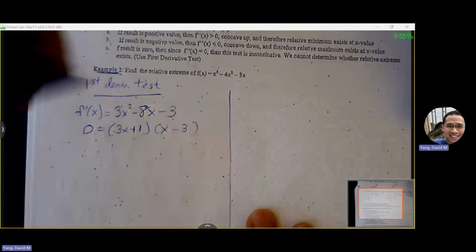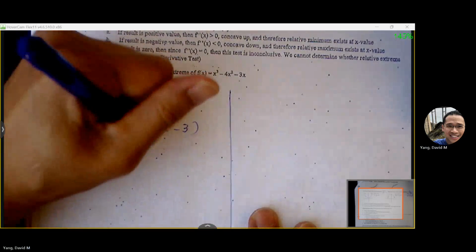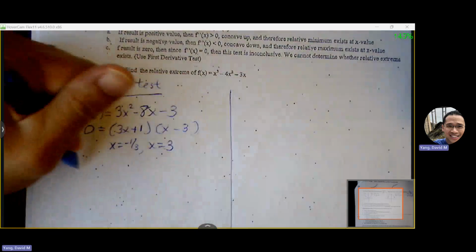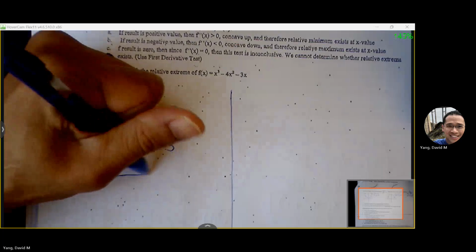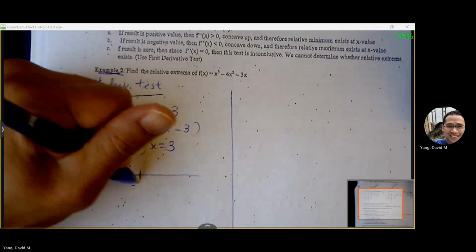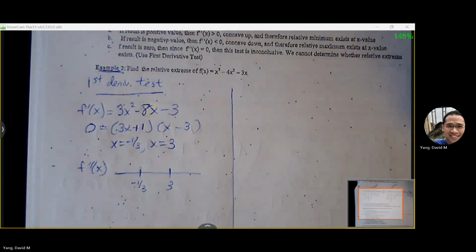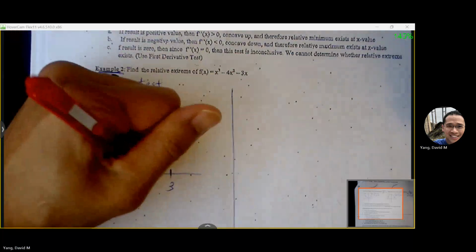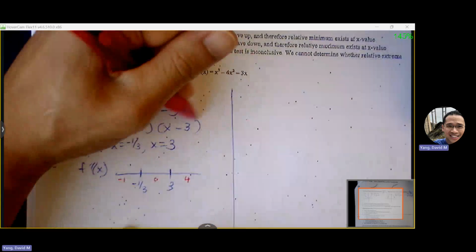Solve for x. We plot our f prime sign line. We test each subinterval into our f prime.